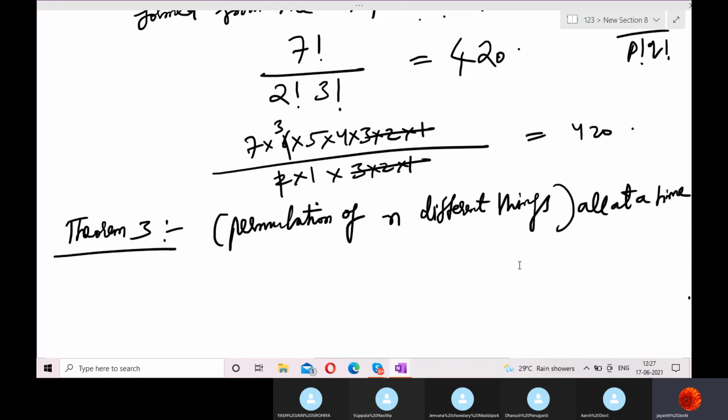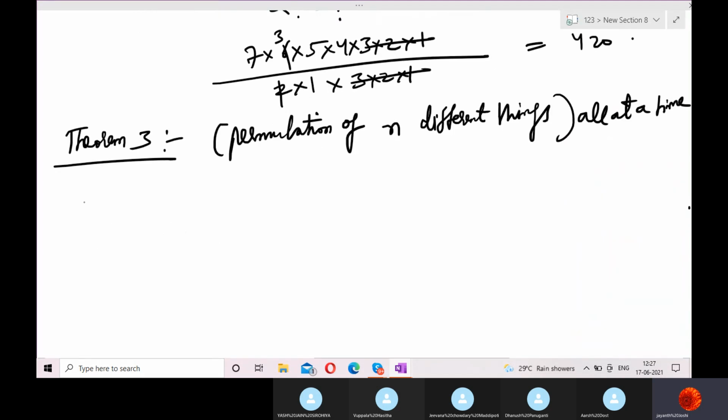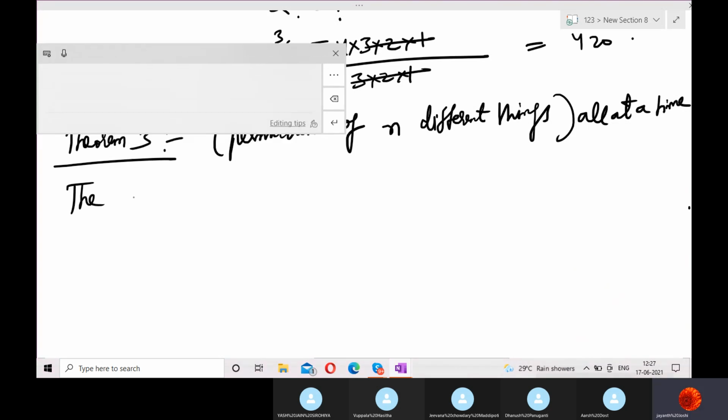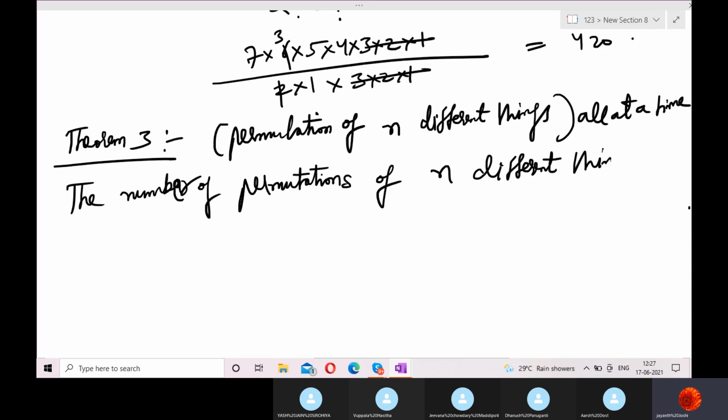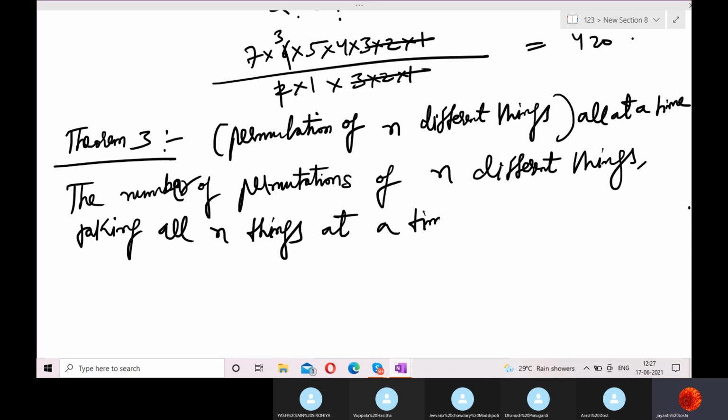First write the theorem, we'll do the question. So now the number of permutations of n different things taking all n things at a time is n factorial.